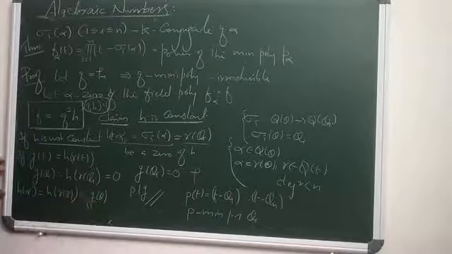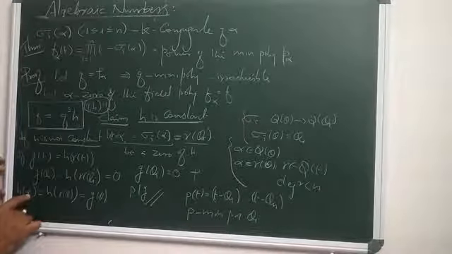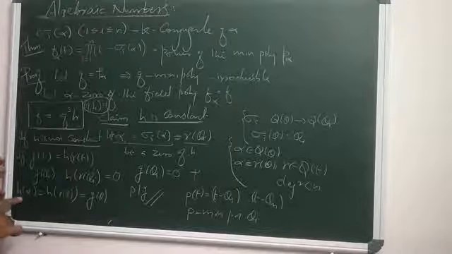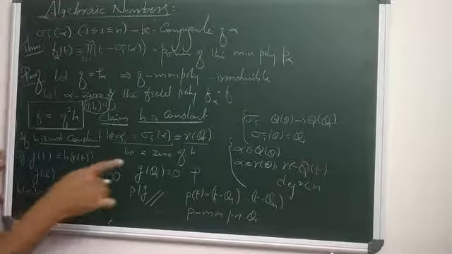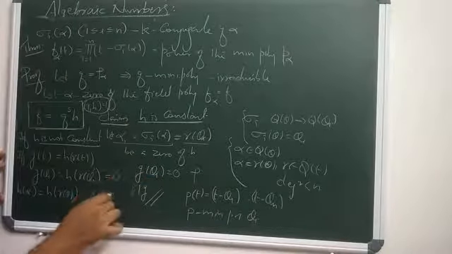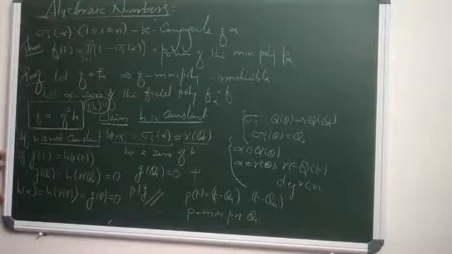Since g of theta I equals 0 for all I, what is g of theta? G of theta is also 0.